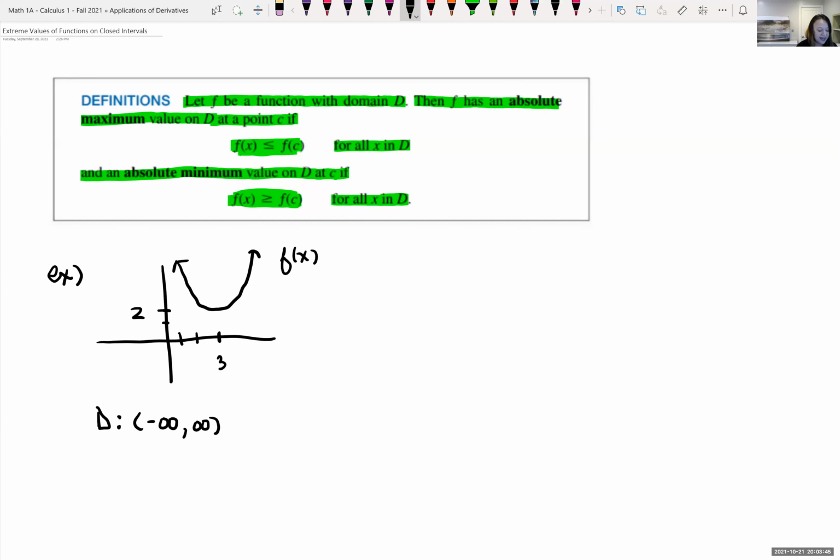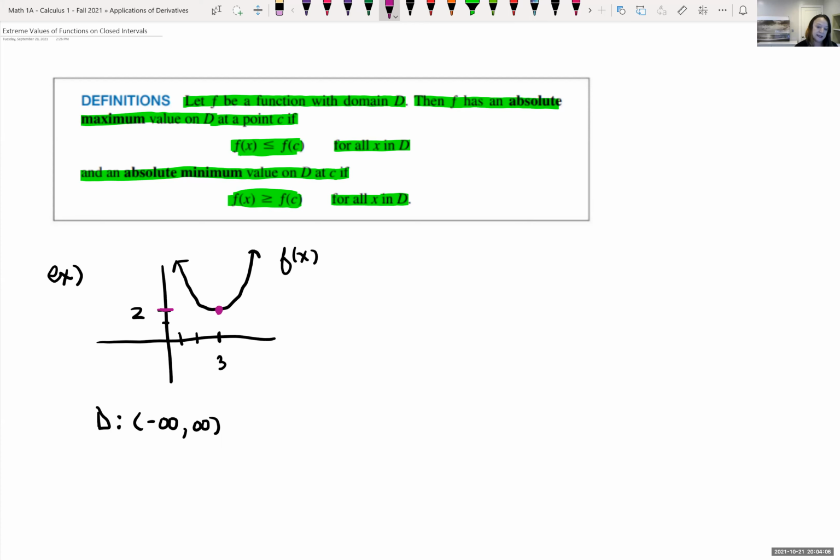Notice that we have an absolute minimum, and the absolute minimum occurs when x is 3, but we say the absolute minimum is the y value. So our absolute minimum we get back is 2. When x equals 3, this gives us back our smallest y value on this graph.